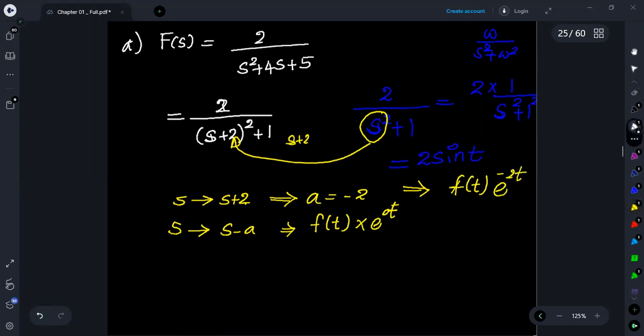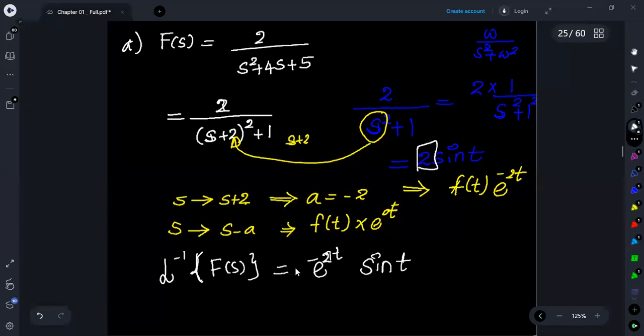So with that we obtain L inverse of capital F of s equals e to the power minus 2t sine t, and since there is a 2 term there, we keep that 2 as well. This is the answer for the first part of this question.